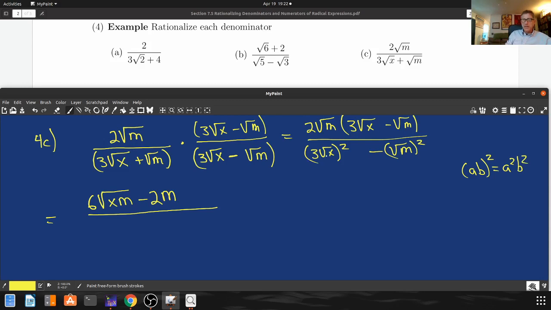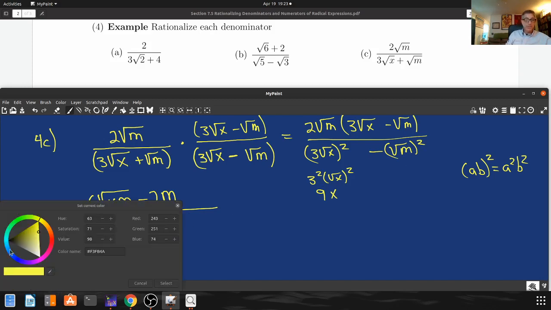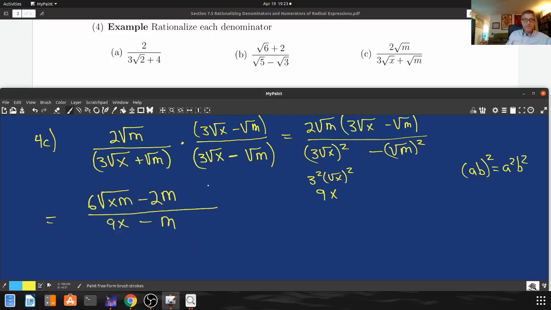So 3 times the square root of x squared is 3 squared times the square root of x squared, which is 9x. Using the same there, we don't need it because the square root of m squared is m. And that's as far as you can simplify it. You quit right there.